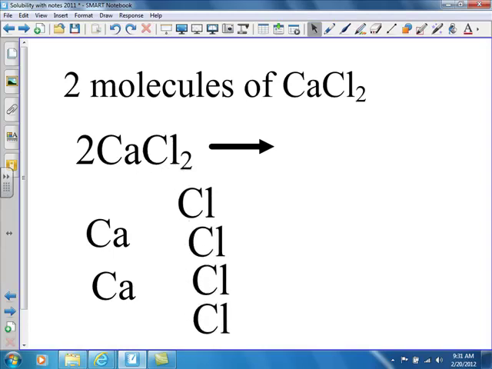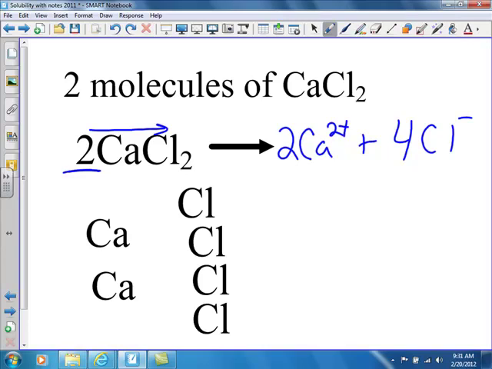And hopefully you said 4 chlorines would come out. Okay? Because that 2, as we learned in our balancing equations, goes to everything that's behind it. Okay? So this particular equation, if I were to write this, would be 2Ca2+ plus 4 Cl minus.